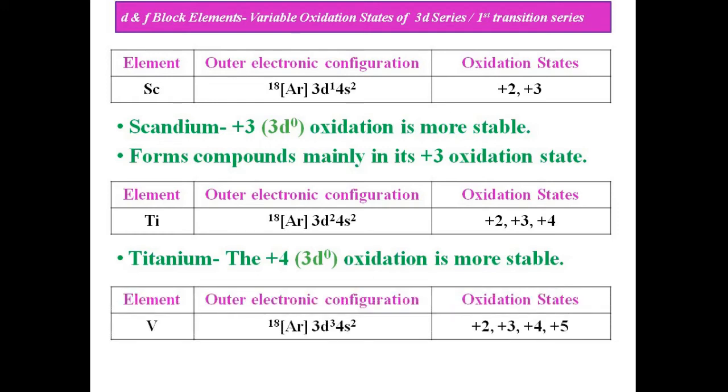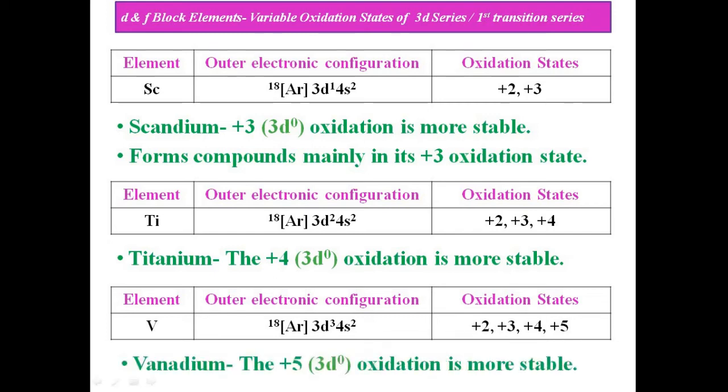Then vanadium, [Ar] 3d3 4s2, +2, 3, 4, 5. Here +5 is the more stable one, as 3d is 0. So these first three elements become stable when 3d is 0. So +3 for scandium, +4 for titanium and +5 for vanadium are the more stable oxidation states.